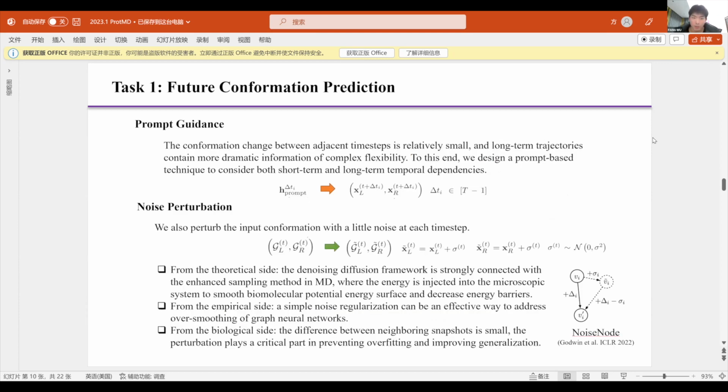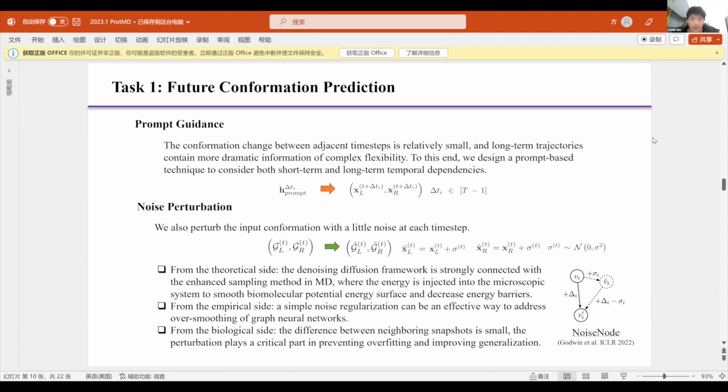Besides that, we propose prompt guidance. As you can imagine, the conformation change between adjacent time steps is relatively small, and long-term trajectories contain more dramatic information about complex flexibility. To this end, we design a prompt-based technique to consider both short-term and long-term temporal dependencies.